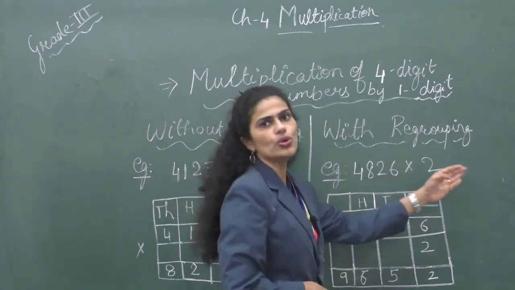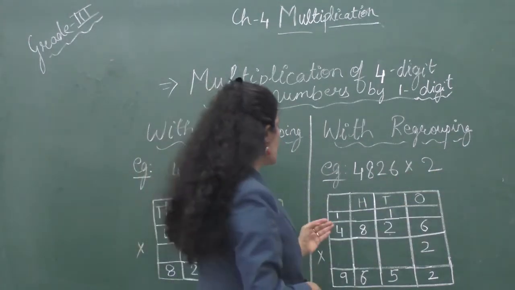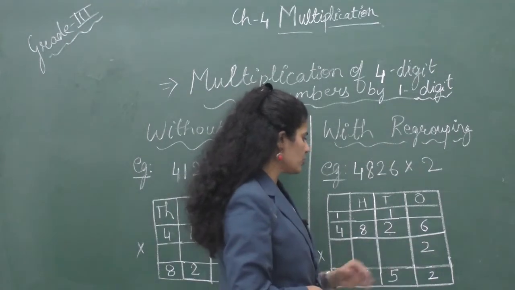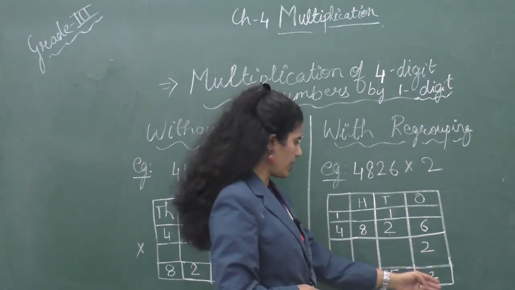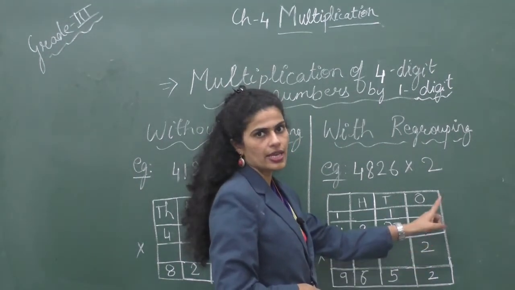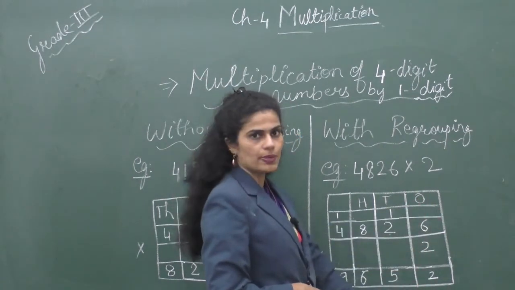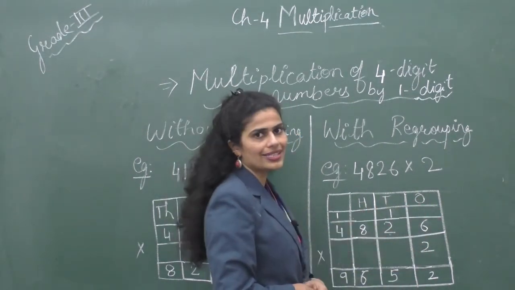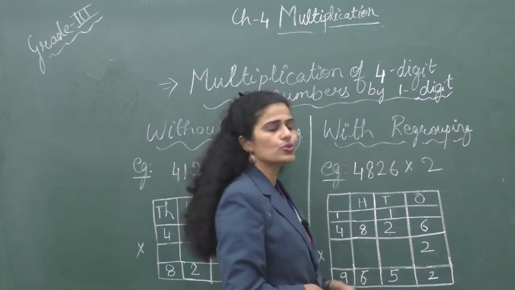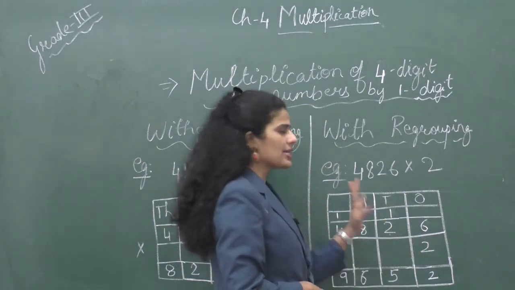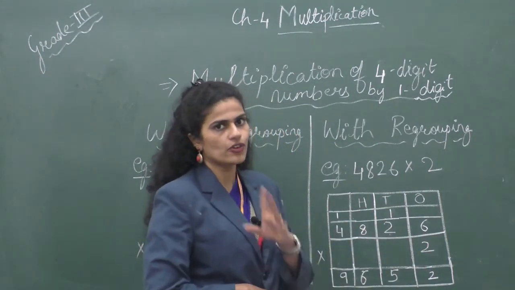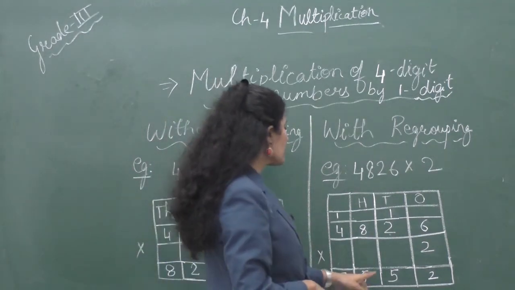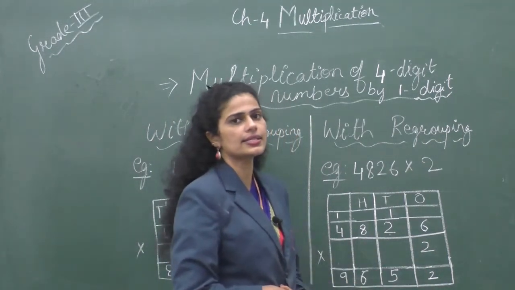Now let's see the example with regrouping. 4826 into 2. 6 into 2 is 12. So 2 we will write in the ones place, 1 carried to the tens place. So 2 into 2 is 4, 4 plus the carry, that is 1, is 5. 8 2s are 16.